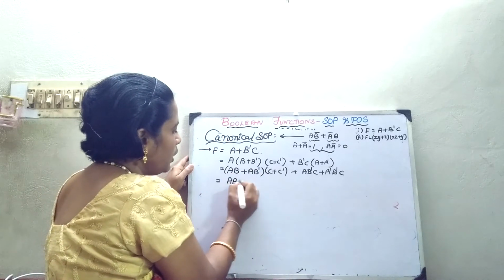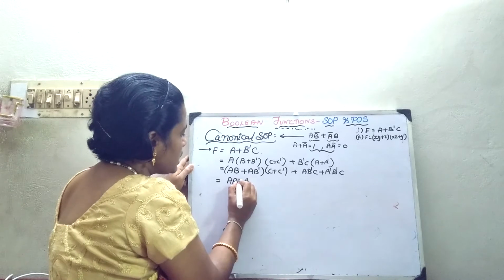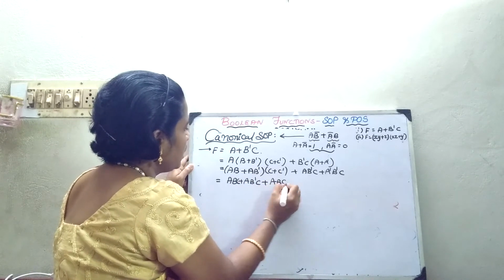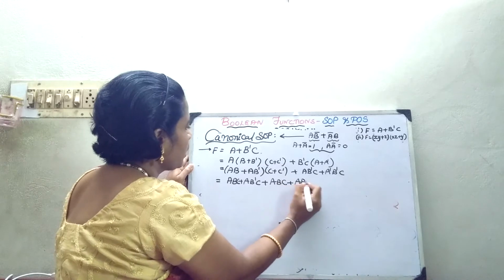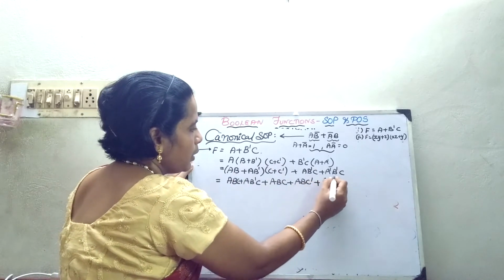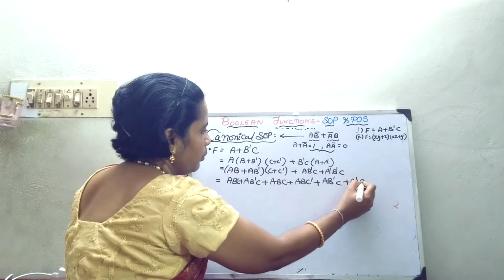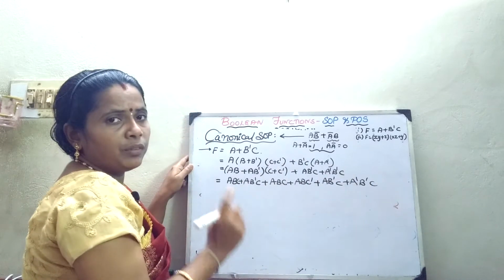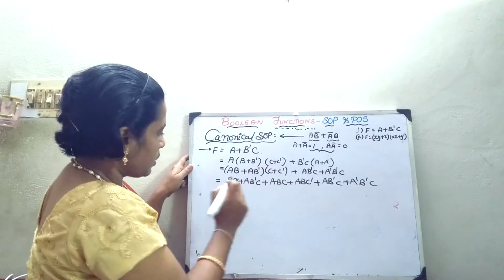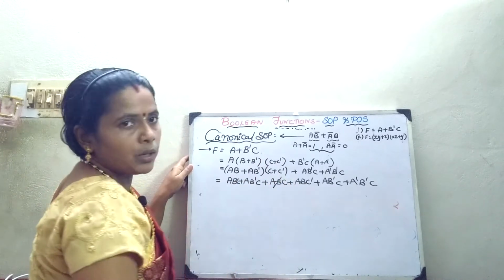So it will be ABC plus AB bar C plus ABC plus AB C bar. So it has been multiplied. Now it is AB bar C plus A bar B bar C. Now if a term is remaining twice, you can write it only once.